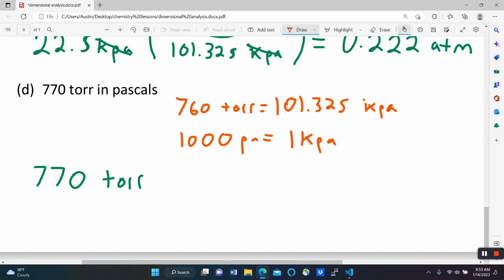So the second conversion factor is actually something that we discussed earlier in our video when we were talking about unit prefixes.